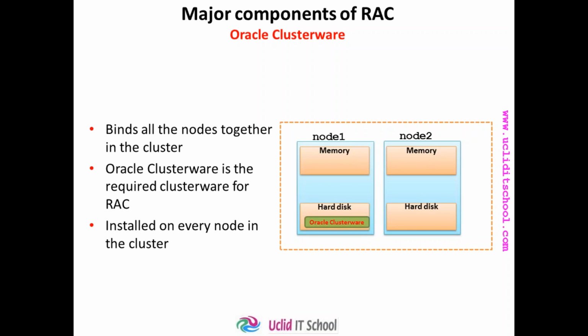Now in this diagram you can see Oracle Clusterware is installed on every server, on the local storage of every server. So if you have 10 nodes, you will be installing the operating system on every node, every server. Similarly, Oracle Clusterware should be installed on every server on the local storage.